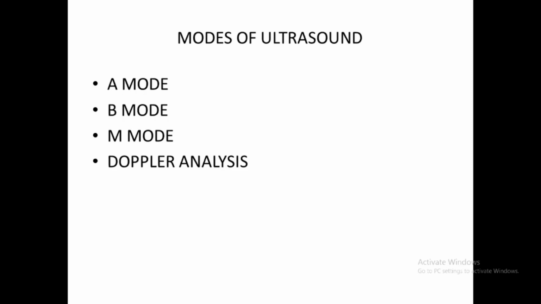For example, if you take A mode, you have to calculate the frequency and the amplitude by yourself. But in B mode, it does everything for you automatically, and it gives the picture of the image there in the monitor.